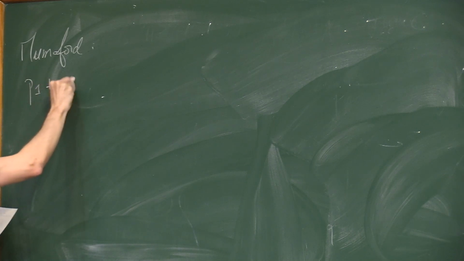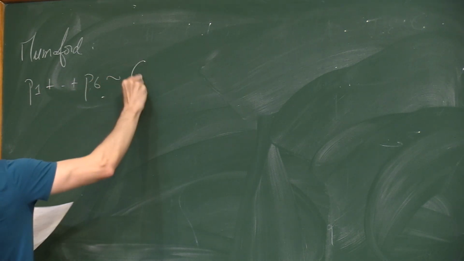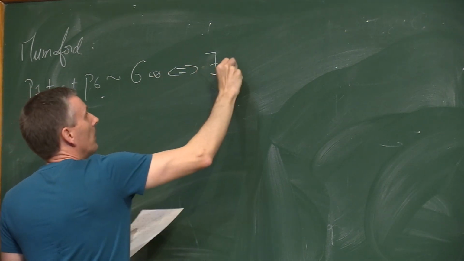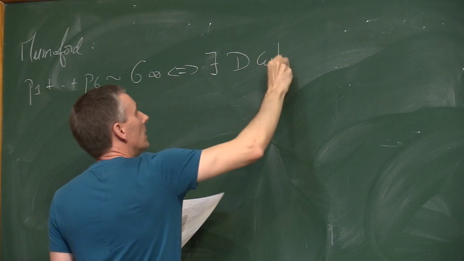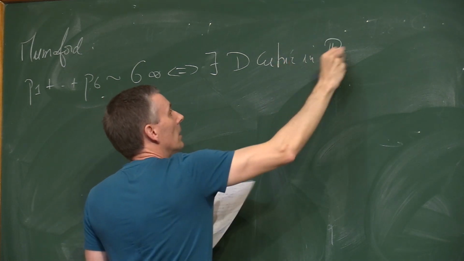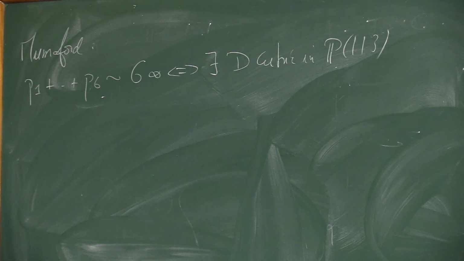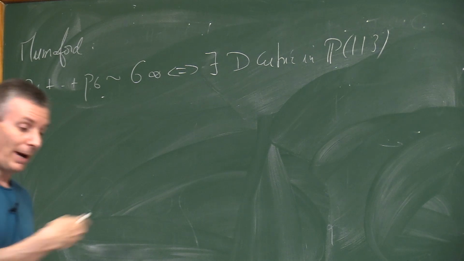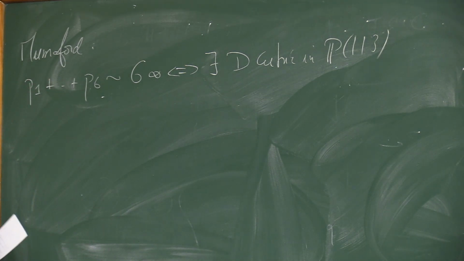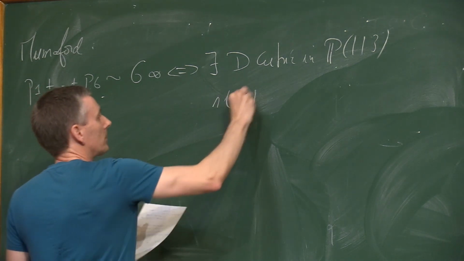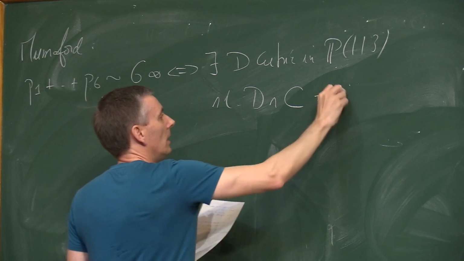6 points on the curve are equivalent to 6 times infinity if and only if there exists a cubic in P(1,1,3). So be careful, it's not a usual cubic because it is weighted; you will see that it is a real cubic as a graph, but not a cubic in the usual sense in P2, such that the cubic intersects C in these 6 points.